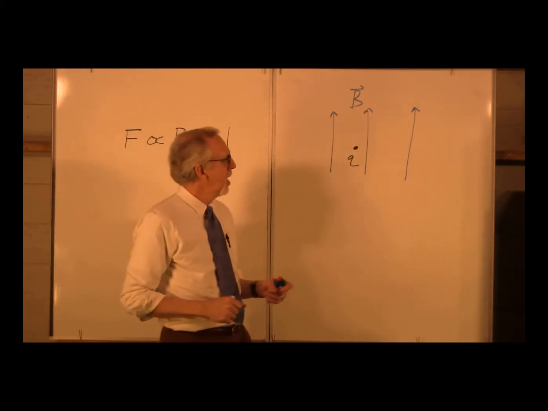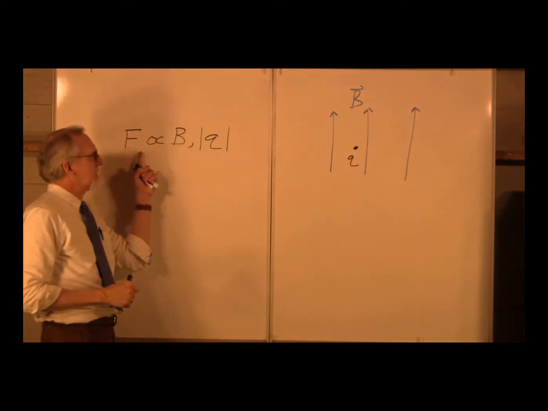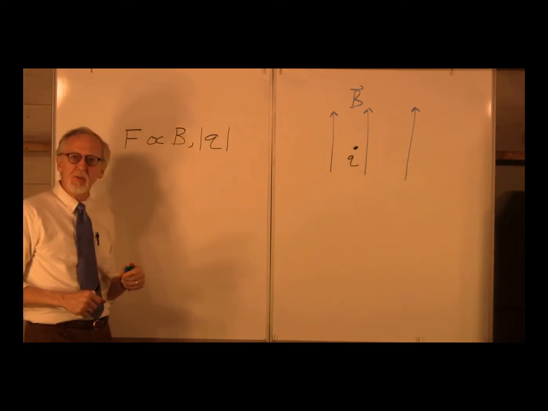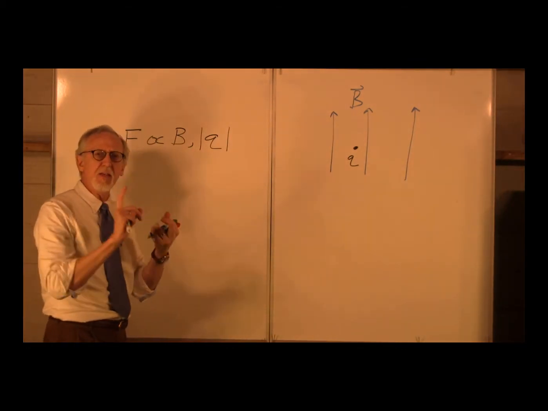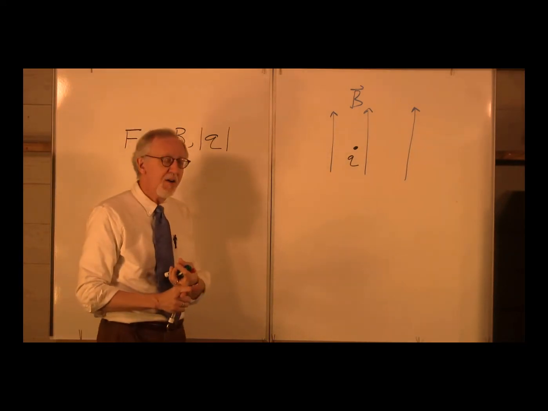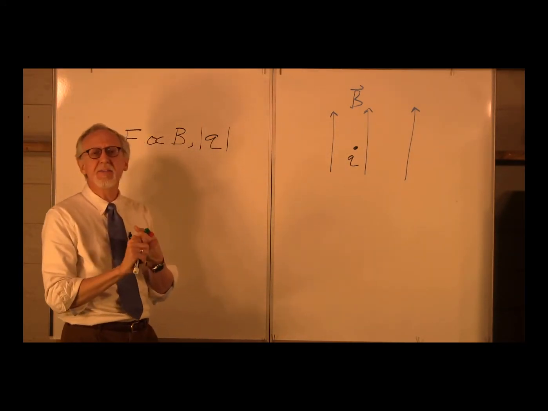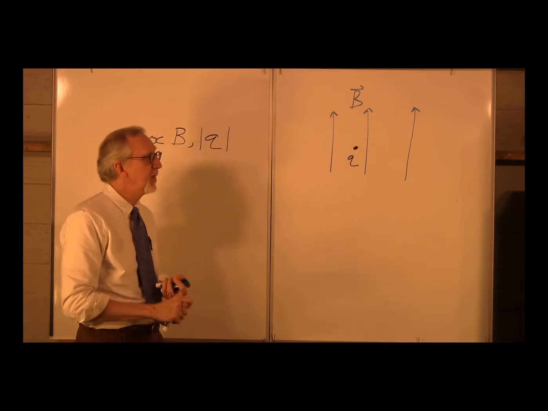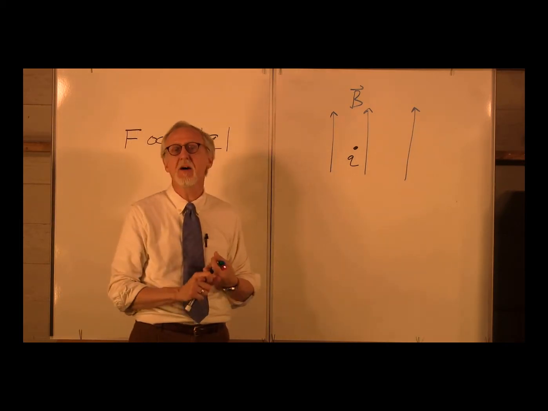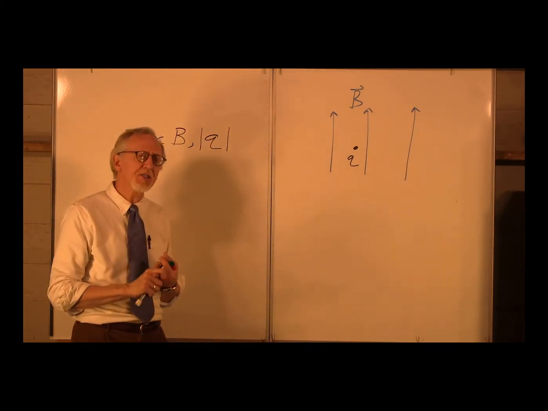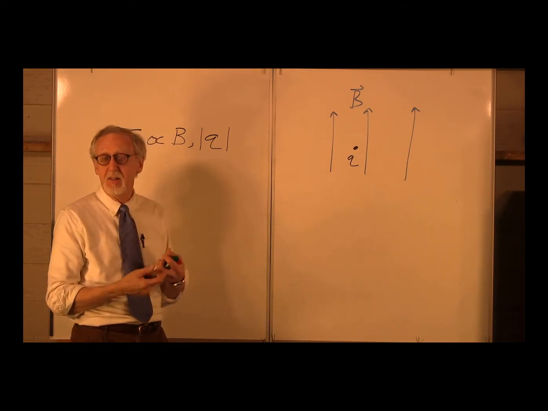So we'll need to take the sign into account when we figure out the direction of the force that acts on the charge. Well, if this were the electric force, that's all that it would depend on, the magnitude of the electric field and the magnitude of the charge. However, the magnetic force depends on something else. It depends on the velocity of the charge. If the charge is not moving, it doesn't feel a force.